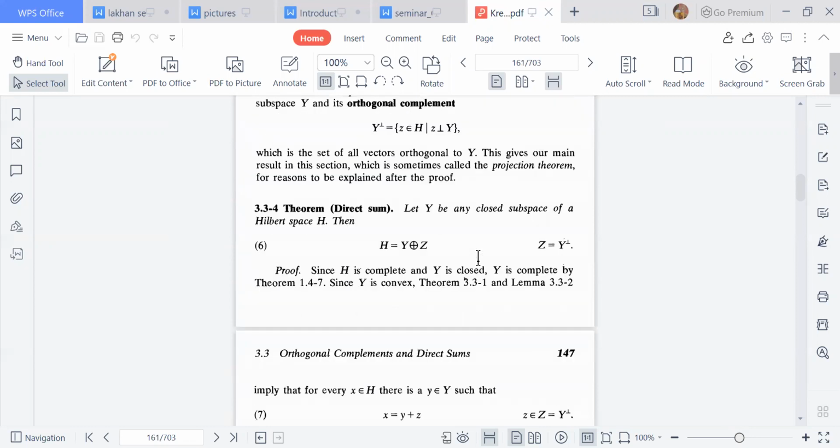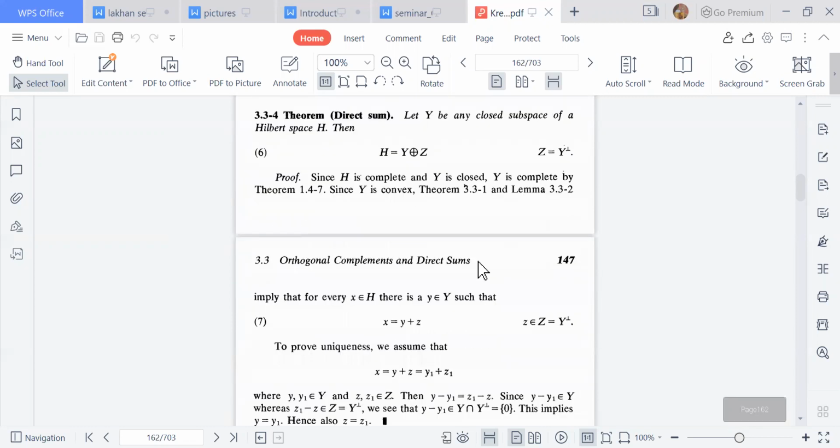We have to show that H is equal to direct sum of Y and Z. We have x is equal to y plus z. If H is direct sum of Y and Z, then for any element x in capital H, we have to represent x is equal to y plus z, where y belongs to capital Y and z belongs to capital Z. And this representation is unique.